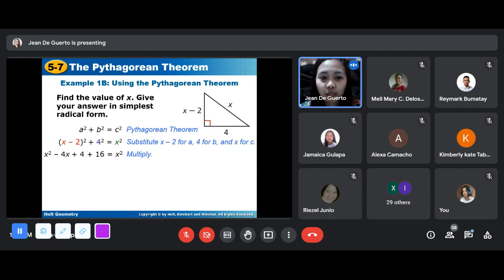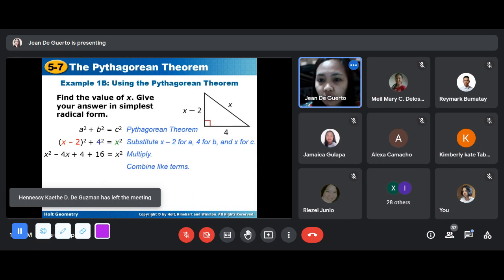Ito yung square ng x minus 2, x squared minus 4x plus 4, plus 4 squared, which is 16, is equal to x squared. And then we combine similar terms or like terms. So what will be our next equation?